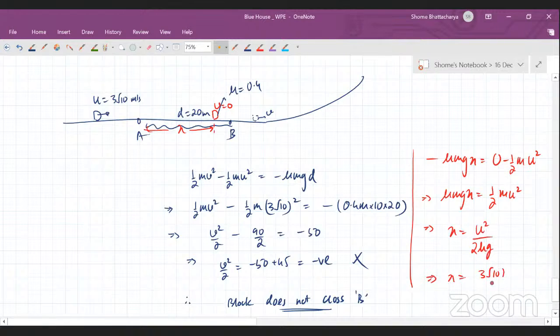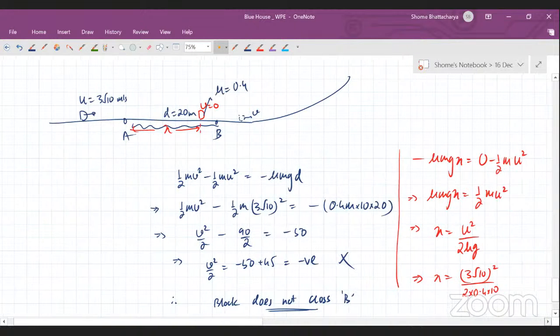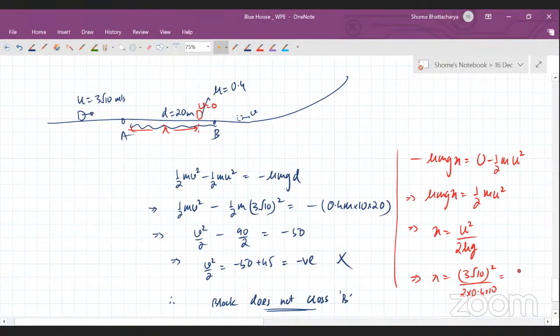So 3 root 10 whole square by 2 into 0.4 into 10. So this distance x we'll see will become 90 divided by 8, isn't it?